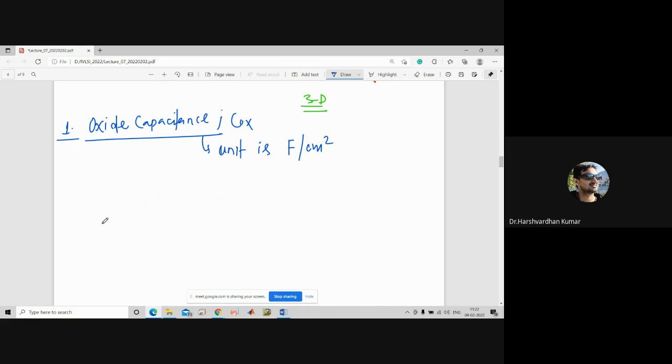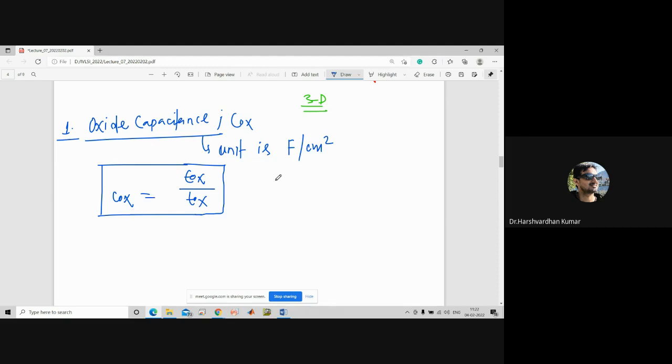We know very well for any insulator, the value is just the permittivity of that oxide layer divided by the thickness of that oxide layer. This is the definition of oxide capacitance.